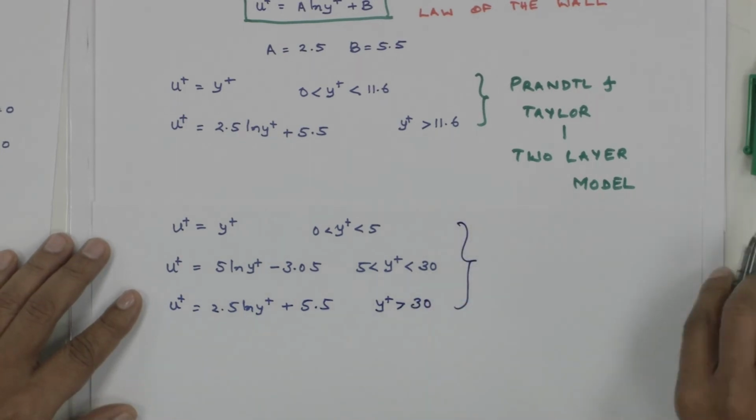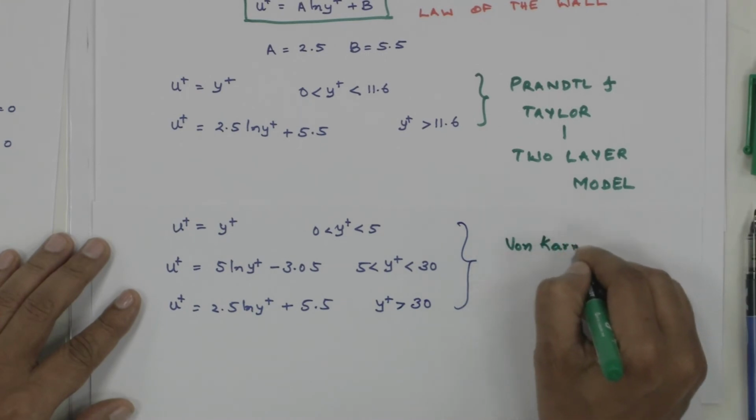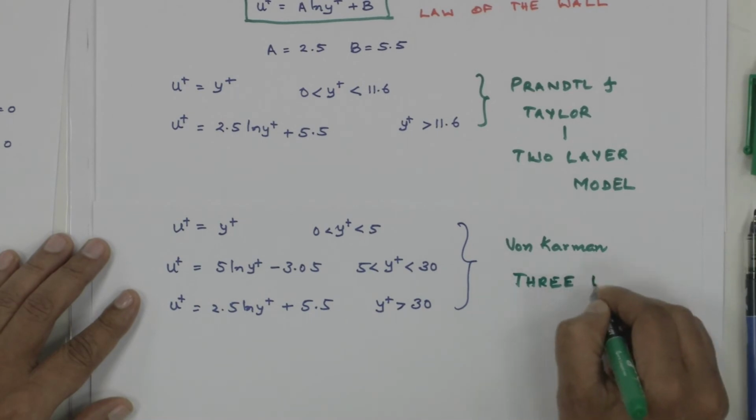This was given by von Karman, and this is the three-layer model.